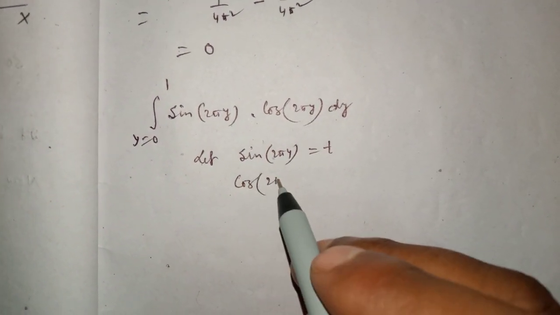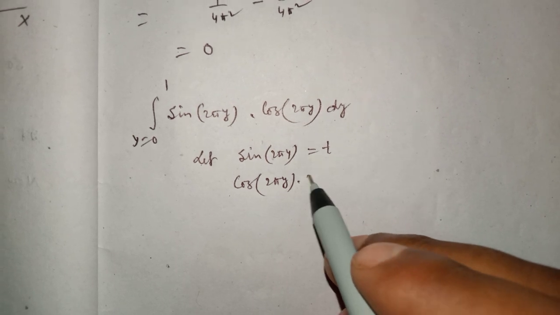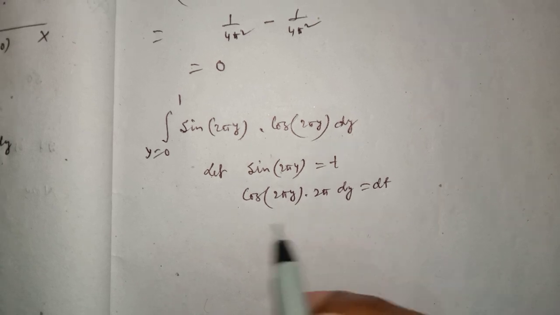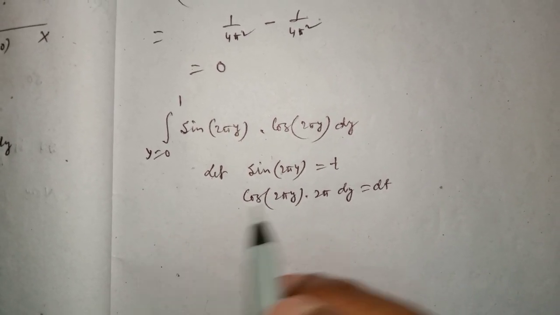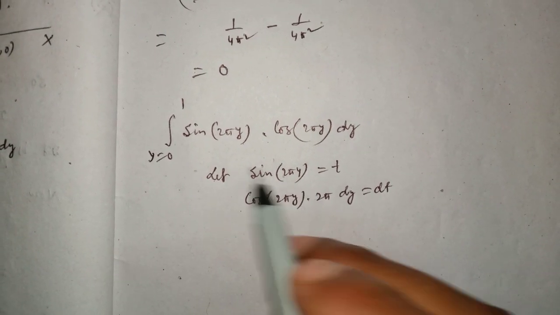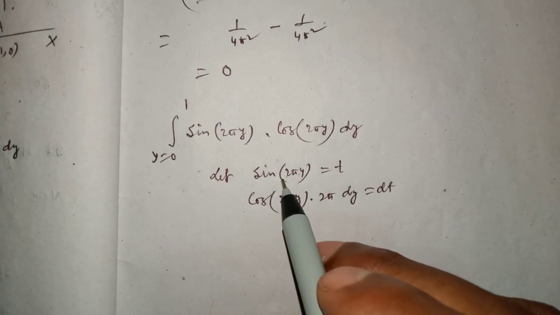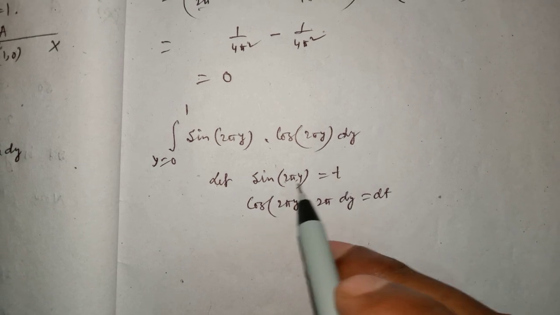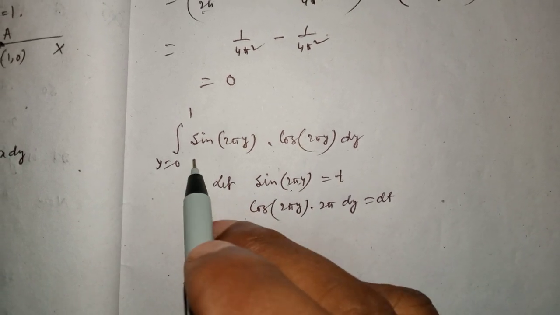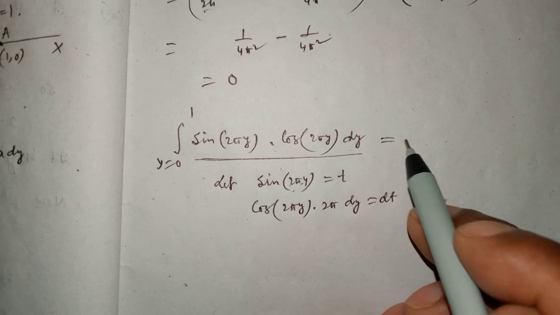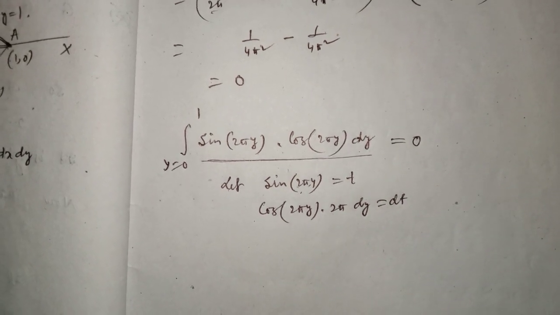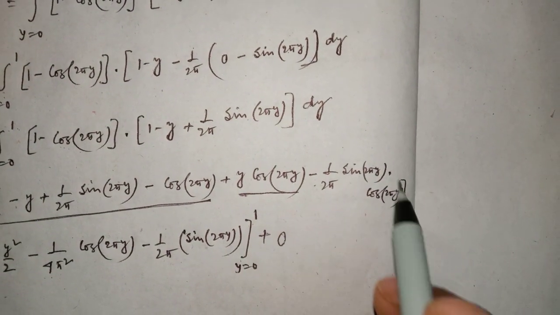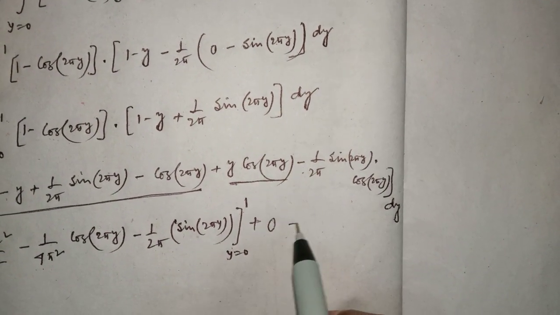Then cos 2πy into 2π dy is equal to dt. If we put y equal to 0, then t equal to 0. Again, if we put y equal to 1, then t is also 0. So the integration of this function is also 0.